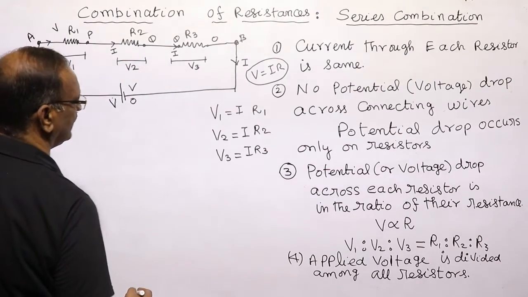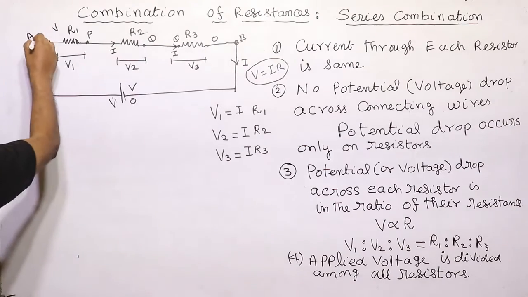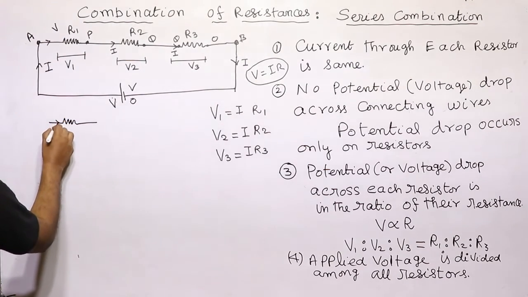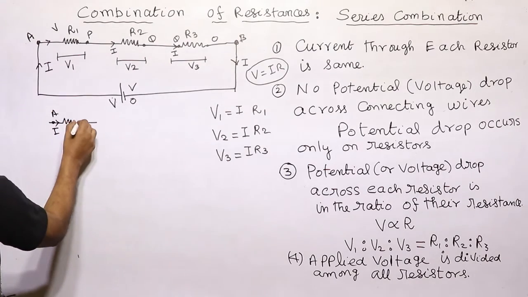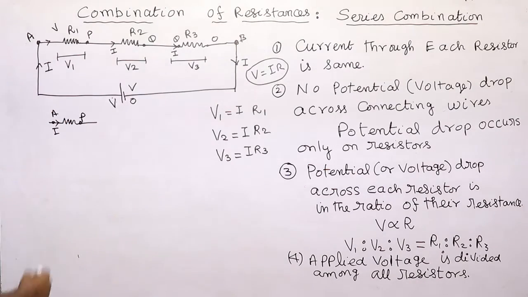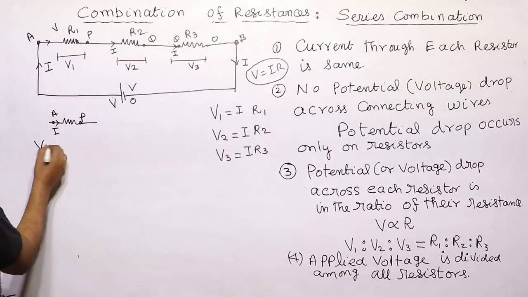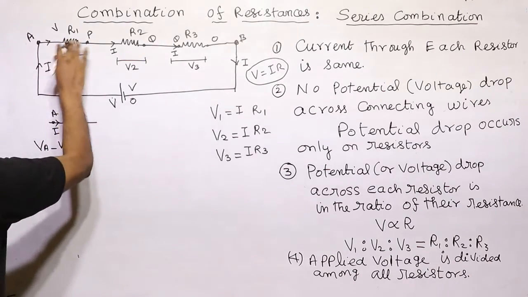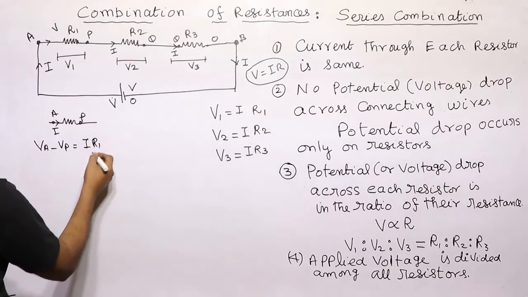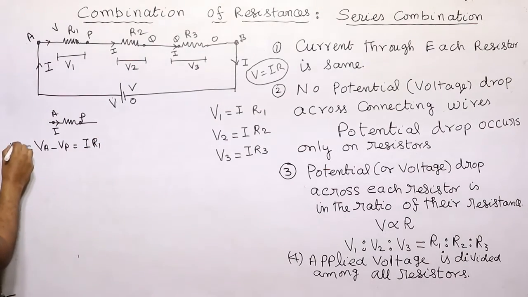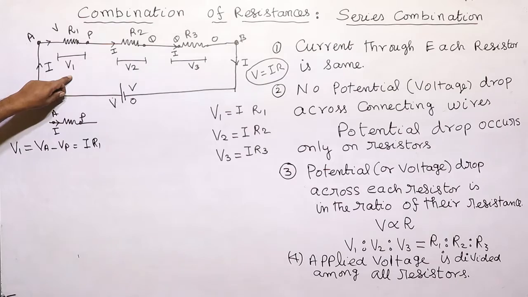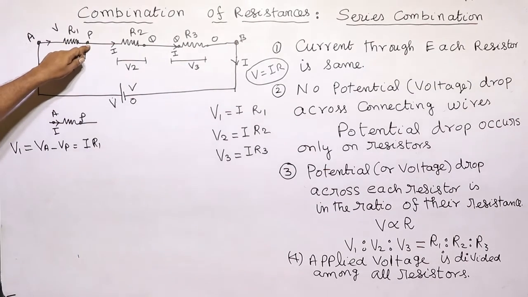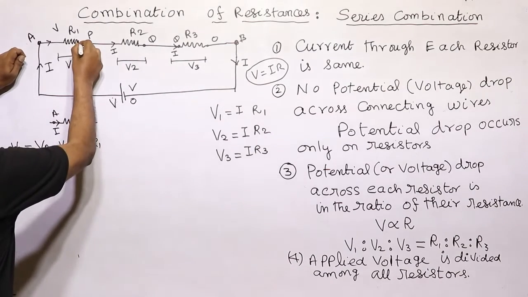See, at this point, say point A, the current I is flowing, and this point is P. So potential A minus potential P is equal to I1 into R1, or we can call it V1. So V1 is equal to VA minus VP. This side also the same point will be there.